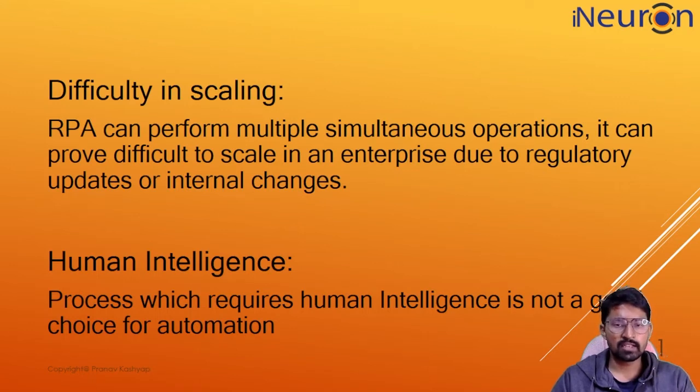If any changes occur to an existing project, it is very difficult for bots to go back and change all those things. This is the major problem that we are seeing in the industry. Our project was selected, we completed all the development part, and after 2-3 months there are some changes in the processes and we have to rework the same thing, which is actually a waste of human time.